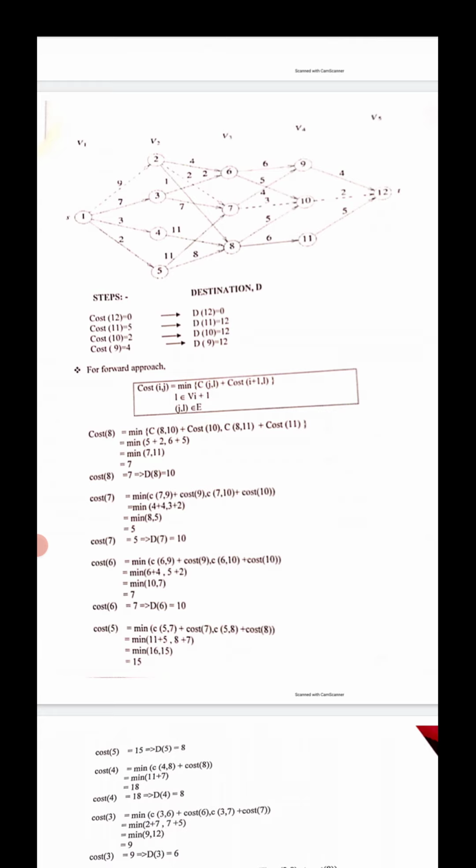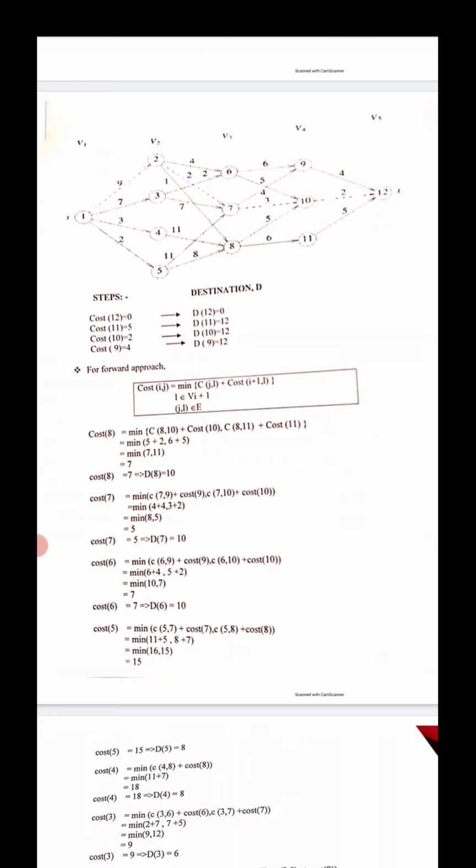Coming to distance of 11, it goes to 12, a direct way out to 12, so distance of 11 will be 12. Distance of 10 will be 12, and distance of 9 will be 12. Why? Because the direction goes through the destination 12.